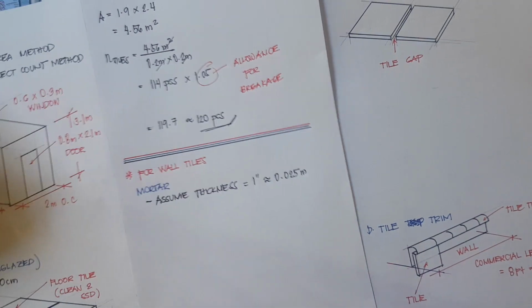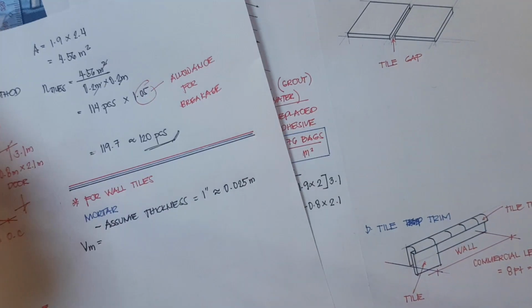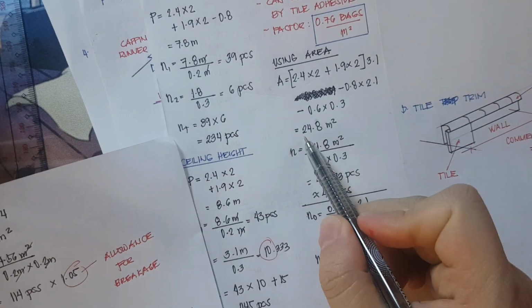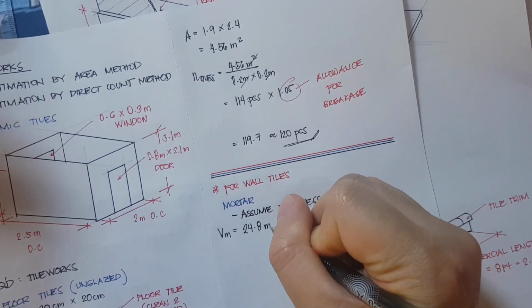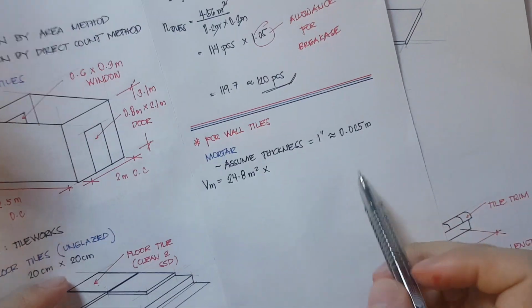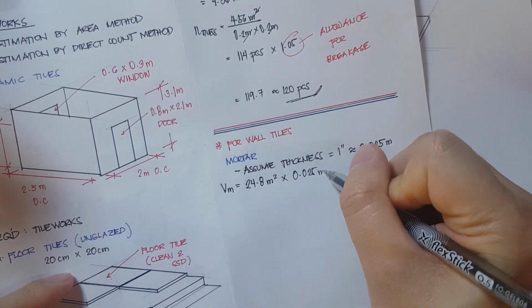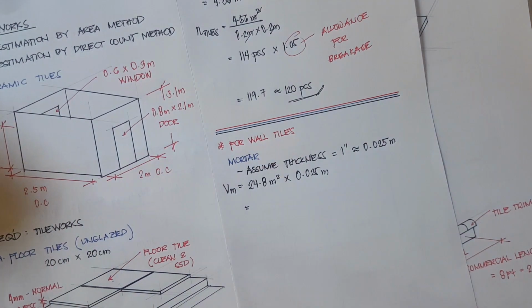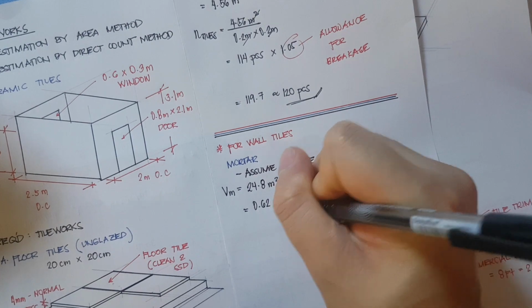Now, we need to solve for the volume. So, the volume of the mortar is equivalent to the area. Ano yung area natin kanina? 24.8 square meters. So, we have 24.8 square meters times the thickness of 0.025 meter. Therefore, the volume is 0.62 cubic meter.